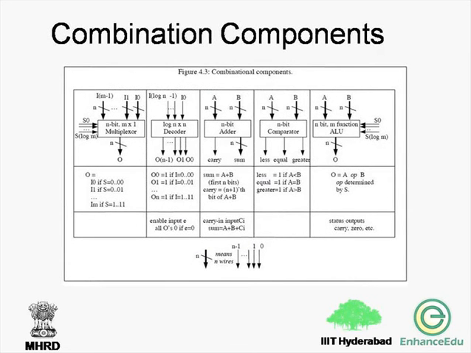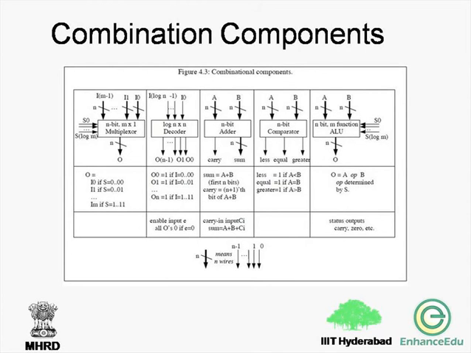Although we can design all combinational circuits in this manner, large circuits would be very complex to design. For example, a circuit which has 16 inputs would have 2^16, or 64K, rows in the truth table. One way to reduce the complexity is to use components that are more abstract than logic gates.